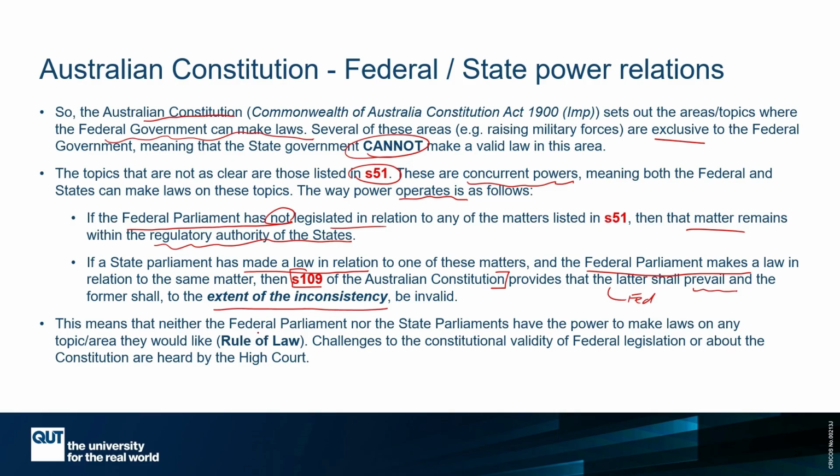This means that neither our federal nor state parliament can make any laws they want to. They have to make the laws in accordance with the split of powers in the Constitution that upholds the rule of law. And you can challenge their ability to make these laws. You can challenge their constitutional validity in the High Court if you think they've done the wrong thing. So even a government is not free to do whatever it wants to do.